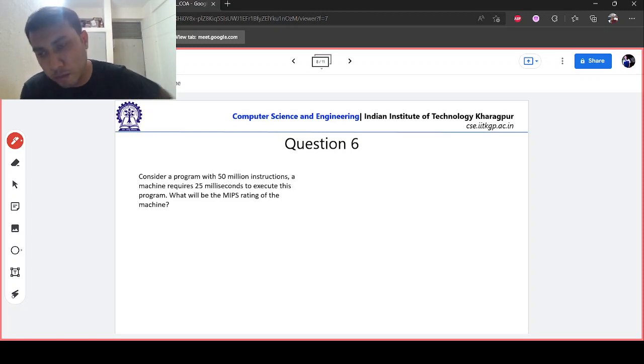So consider a program with 50 million instructions. A machine requires 25 milliseconds to execute this program. So what will be the MIPS rating of the machine? So what is MIPS?